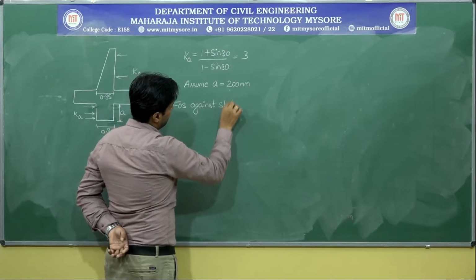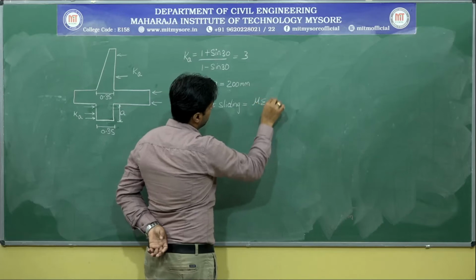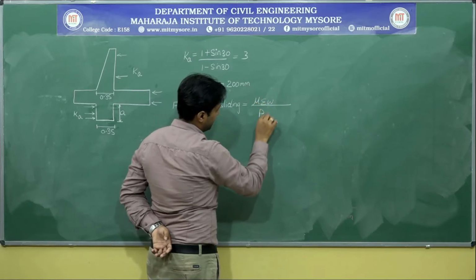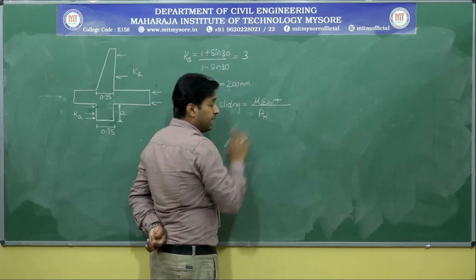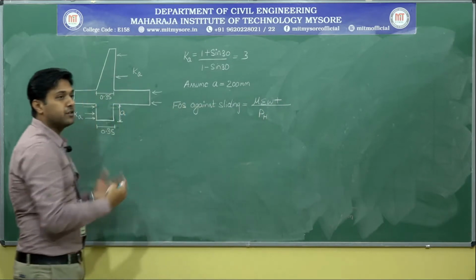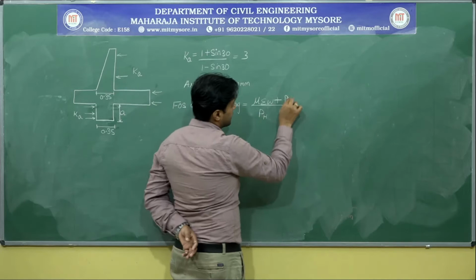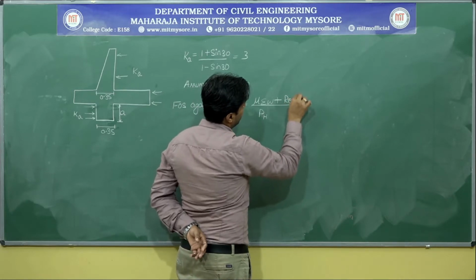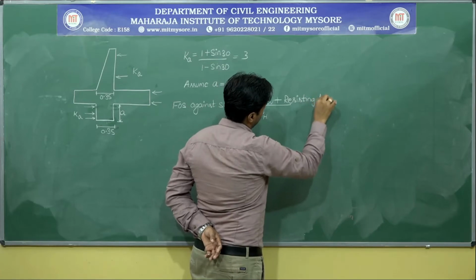I need to check the same formula, that is mu into sigma W divided by Ph, plus the resisting force. An addition that we have given is nothing but the shear key. So, resisting force from the shear key, I need to add that particular force.